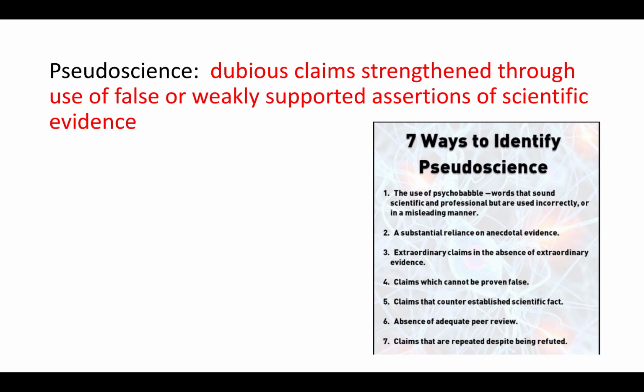Also, a substantial reliance on anecdotal evidence, which we looked at the problem with. Also, extraordinary claims in the absence of extraordinary evidence, claims which cannot be proven false, and claims that counter established scientific fact. There's an absence of adequate peer review, and the claims are repeated despite being refuted.